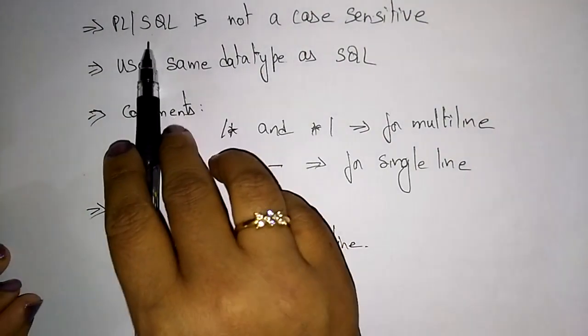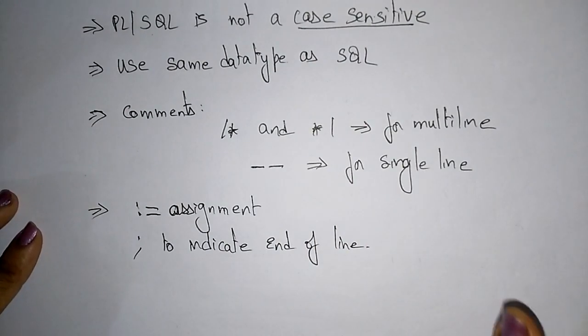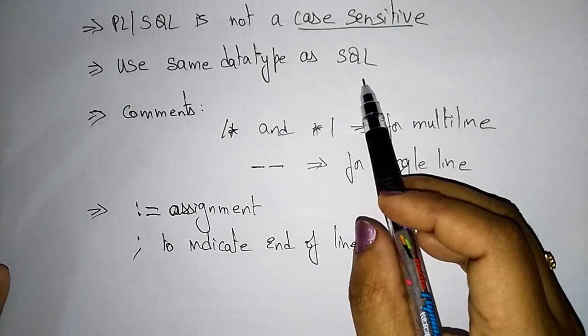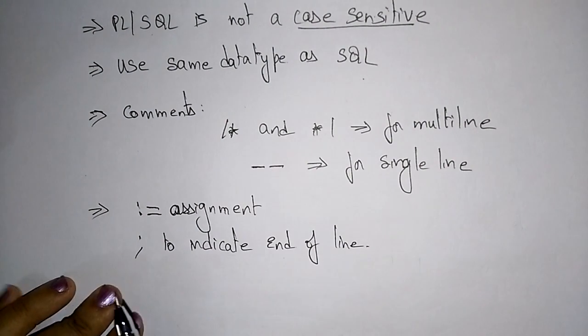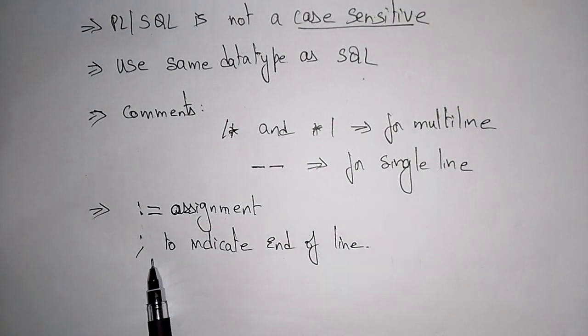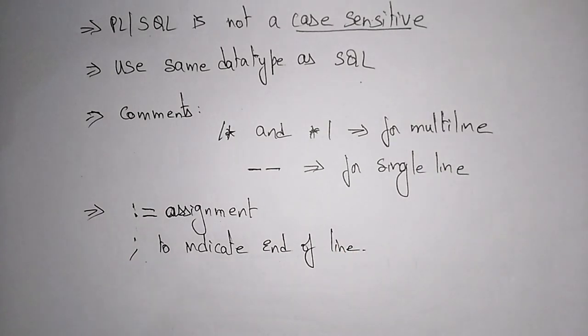PL/SQL is not case sensitive, you can use the same data types as in structured query language, comments are written this way for multi-line and this way for single line, this operator is used for assignment, and every statement ends with a semicolon. So this is the concept of PL/SQL. In the next video, I'll explain a simple program of PL/SQL. Thank you.